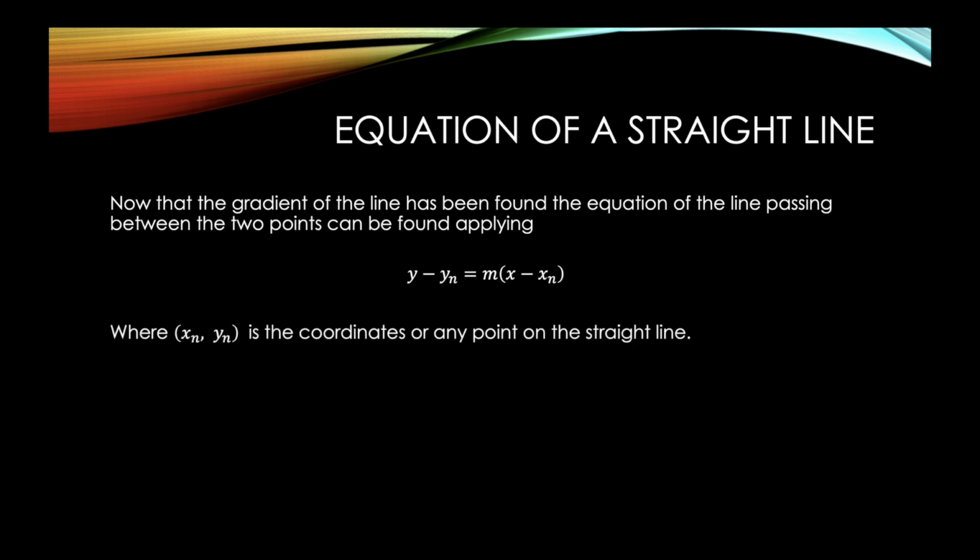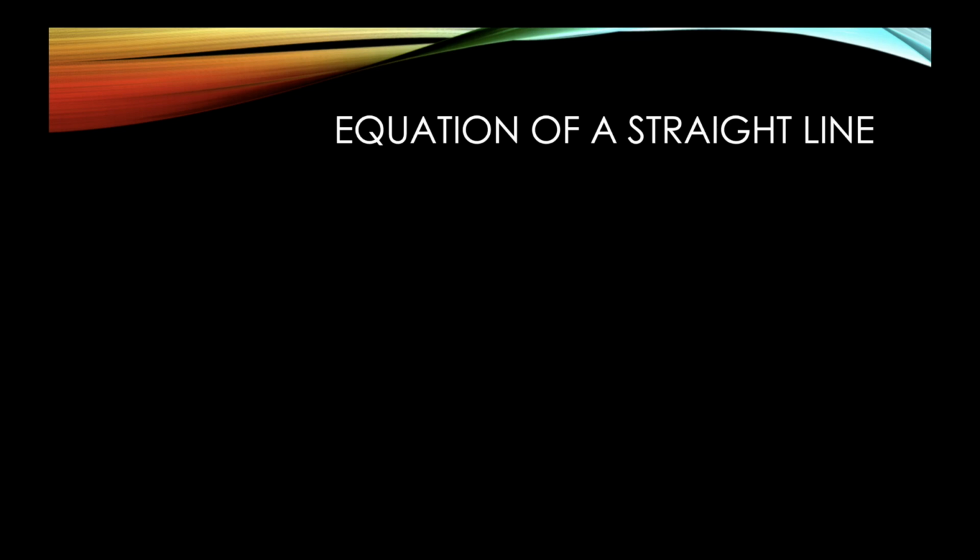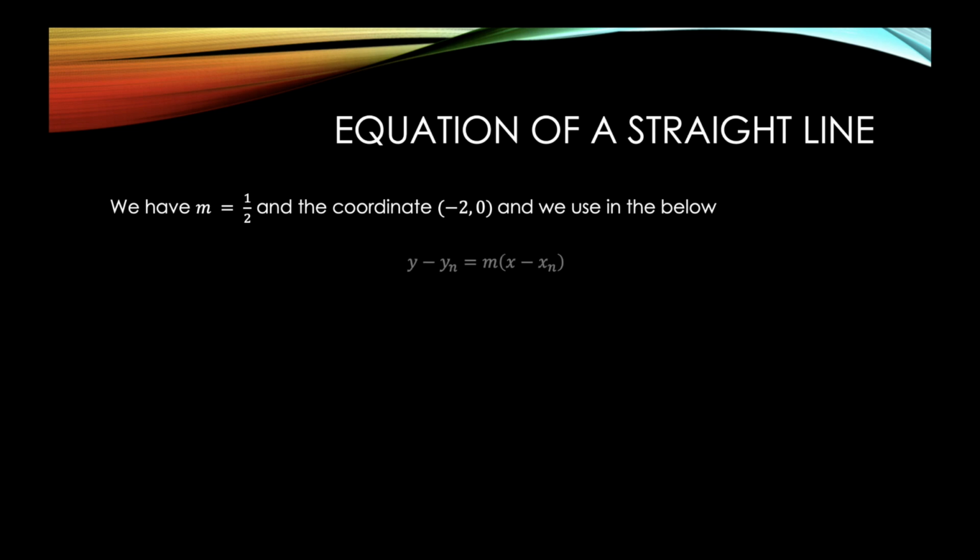Okay, so xn and yn are just the points of any coordinates, and we're going to use both the coordinates we are given one at a time to check that we end up with y is equal to a half x plus 1. So firstly, let's try using the first coordinate point, which is -2 and 0, and we substitute that plus the gradient m equals a half into that formula.